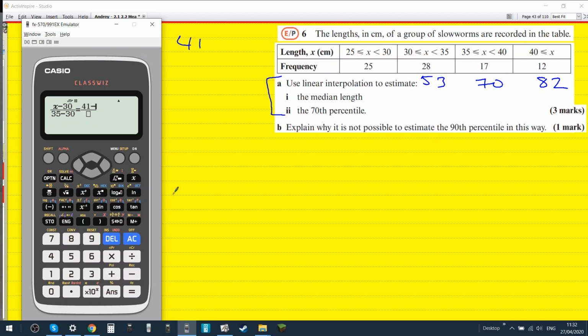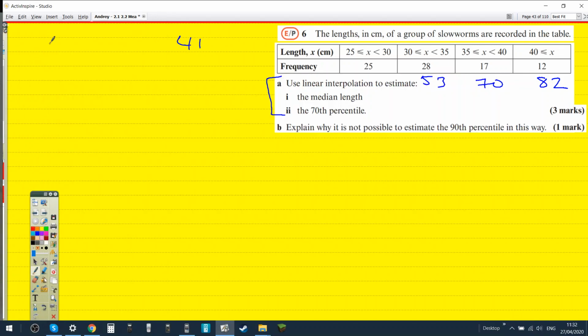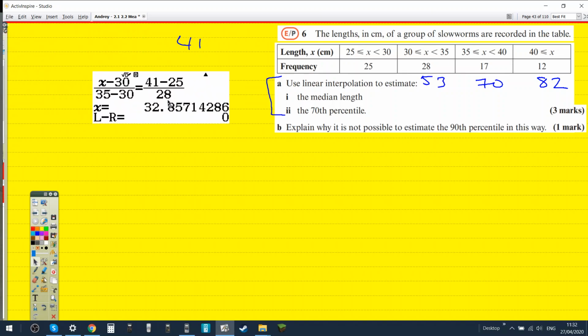So will it be 25? Yeah. Over 28. That's it. Okay. So we get 32.9. And how about A part 2?